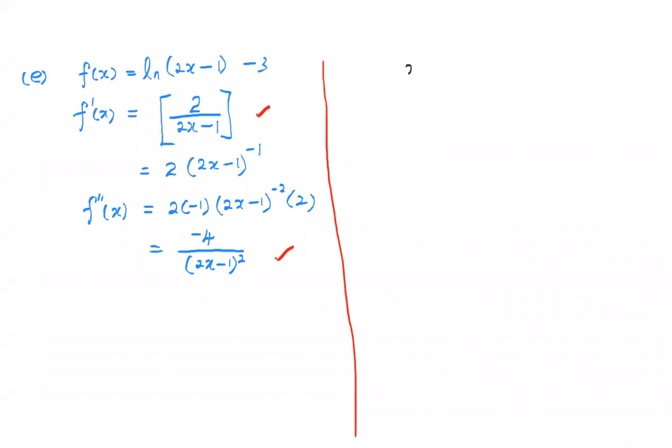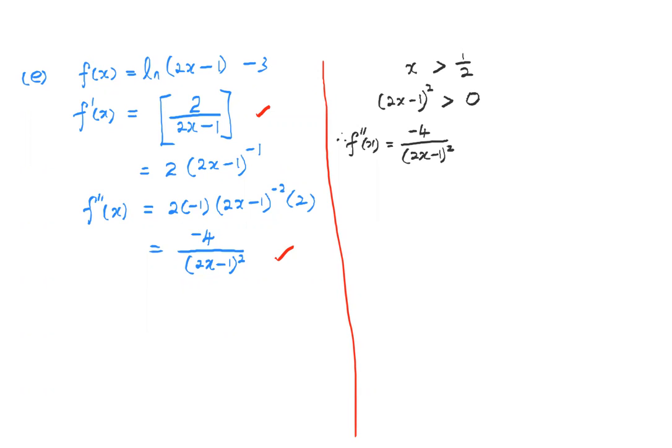That is, x is greater than half. So therefore, my 2x minus 1 to the power of 2: any square number, can it be negative? No. So you tell the examiner this is greater than 0. So therefore, my f double prime x, which is negative 4 divided by (2x minus 1) squared.